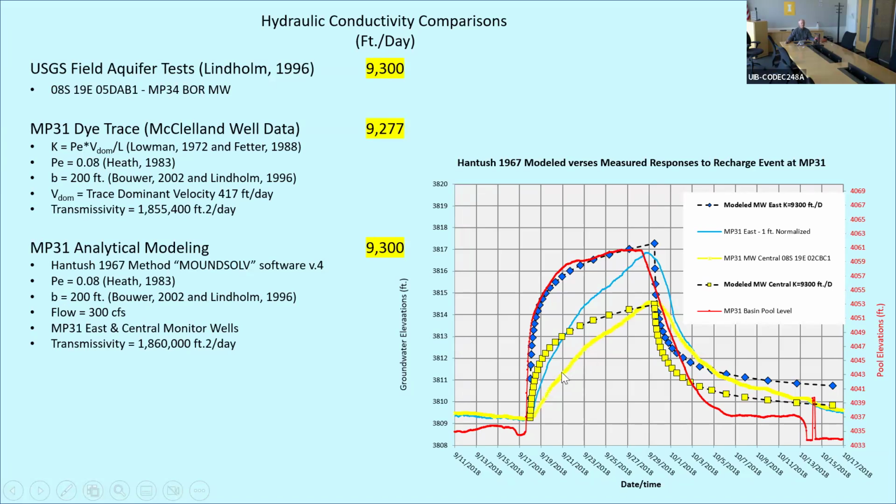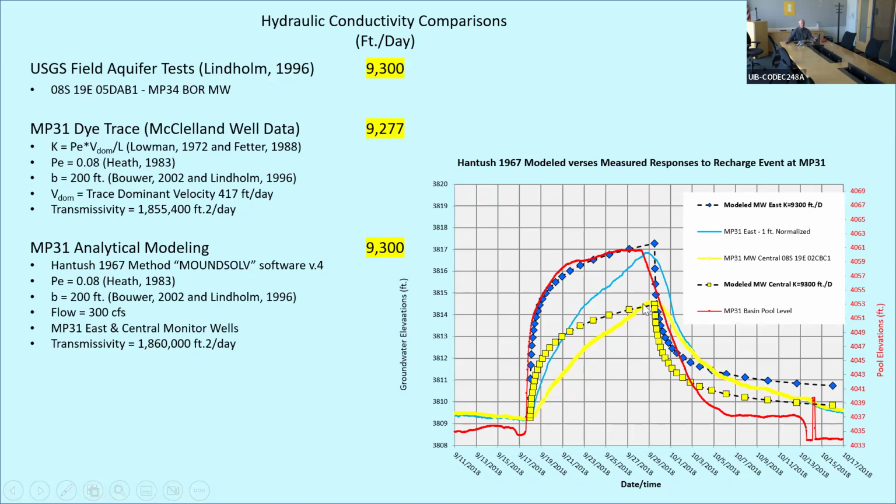If you can focus on the solid yellow line and the solid blue line, those are two different monitor wells at the recharge basin. During a recharge event, the recharge event is the red line, so the basin fills and then drains out, and these are the responses to that.